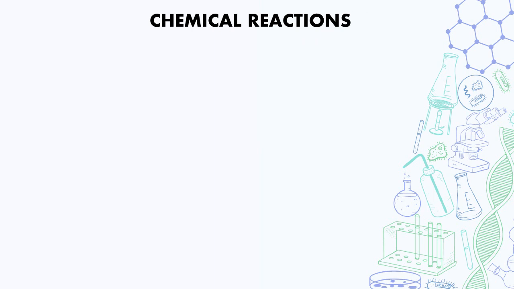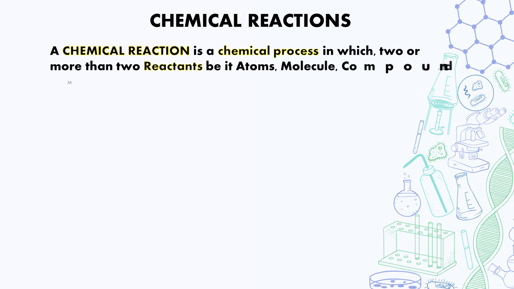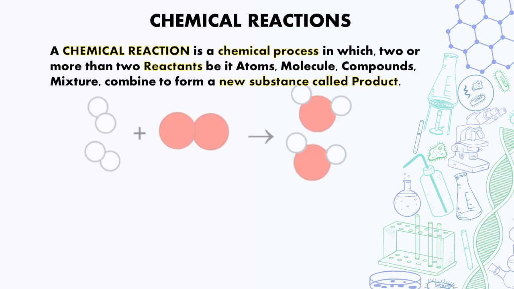Now let us see what chemical reactions are. A chemical reaction is a chemical process in which two or more reactants, be they atoms, molecules or compounds, combine to form a new substance called a product. Here you can see two atoms of different kinds combining to form a third kind, which has both the original atoms.